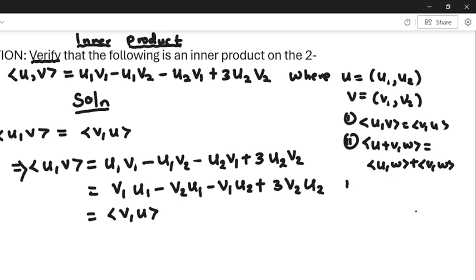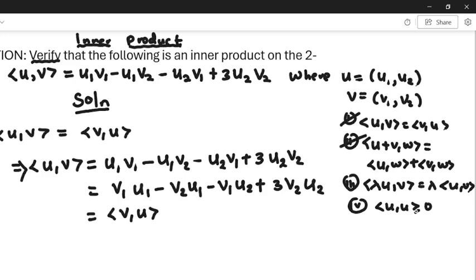Then our next, we have lambda. And now we have a fourth one: <u, u> is greater than or equal to 0, and it's only 0 if all the components are 0. So our axiom 1 here is checked.